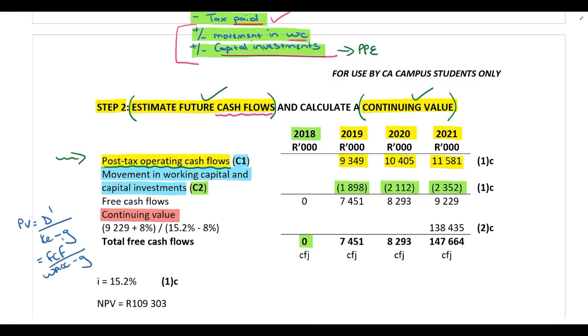So what we do, guys, is we've already calculated our free cash flows for 2019, 2020, and 2021. We now need the cash flow for 2022, that would be the next financial year. So we take the cash flow for 2021 and we need to grow that to calculate the cash flow for the next year.